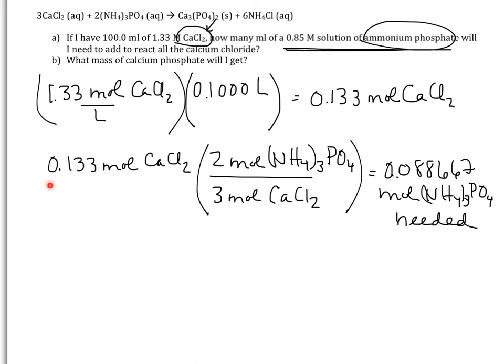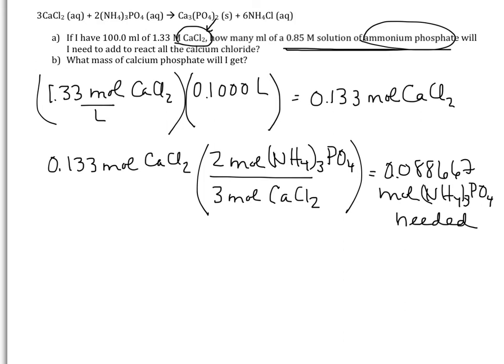Okay, so this is the number of moles of calcium chloride we have. We know they need to react in a 3:2 ratio, and so this is how many moles of ammonium phosphate we're going to need. Now what we know is that we have a 0.85 molar solution of ammonium phosphate. So now we can use that information to figure out how many milliliters of that solution we need. So I'm going to set up a proportion.